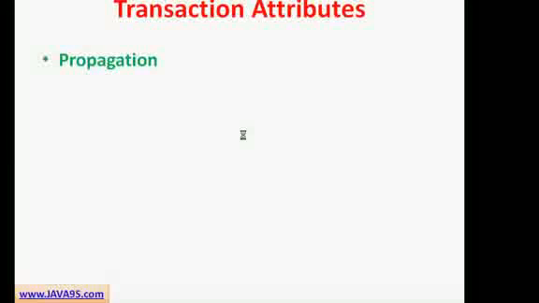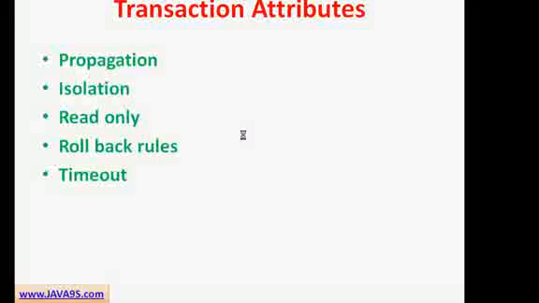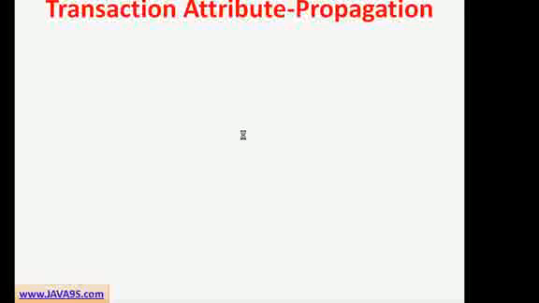So there are 5 attributes we should know about: propagation, isolation, read only, rollback rules, and timeout. Propagation is all about how the current transaction supports other transactions, like whether it supports the old transactions or should not support the old transactions. Those are the kinds of propagation rules we're going to look at.